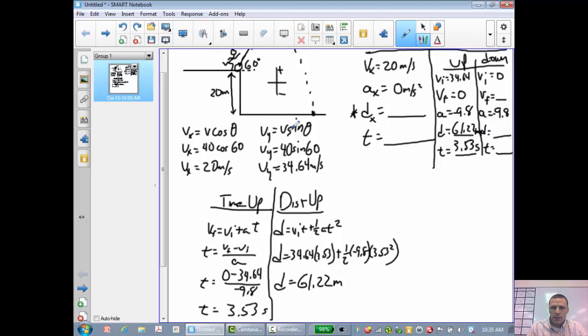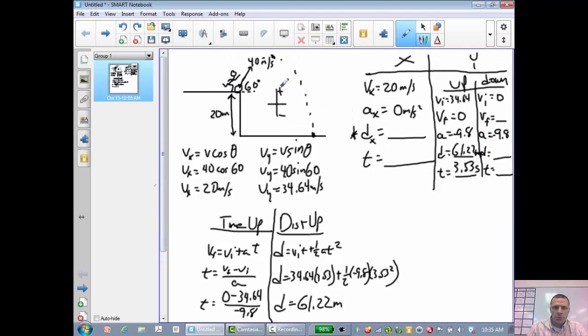So if I go up 61.22 and then I have another 20, altogether the distance down is 81.22. But because I'm saying that down is negative, my displacement down is actually negative 81.22.